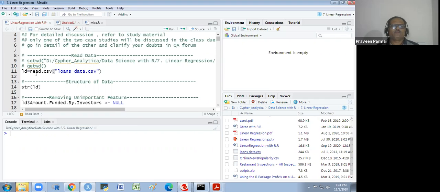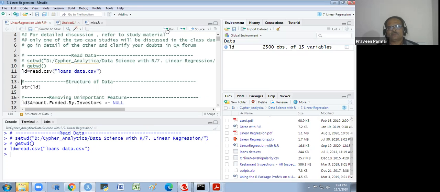So read.csv loans data .csv. I have abbreviated it as LD, for loans data. The object name I have created here is very small. So I run it, and you will see here we are getting 2,500 observations and 15 variables.